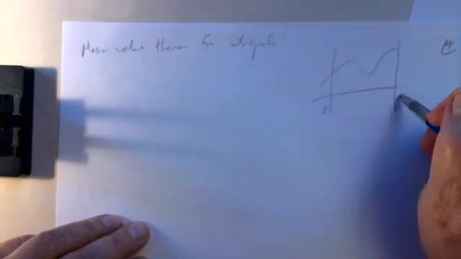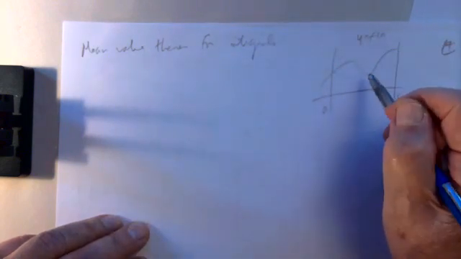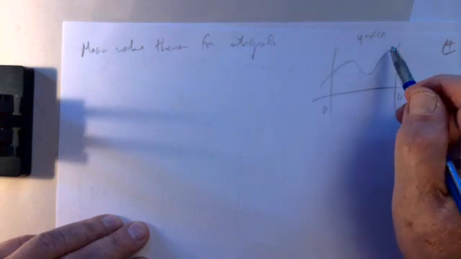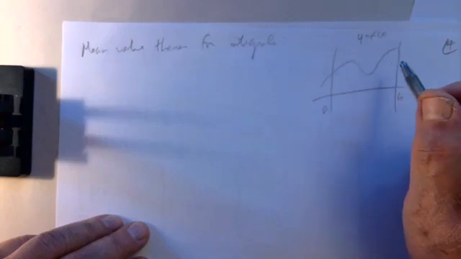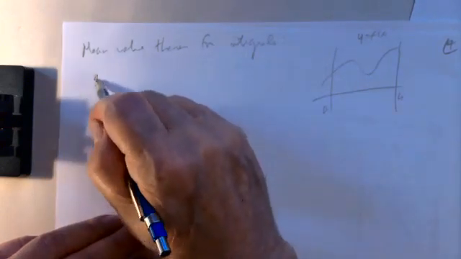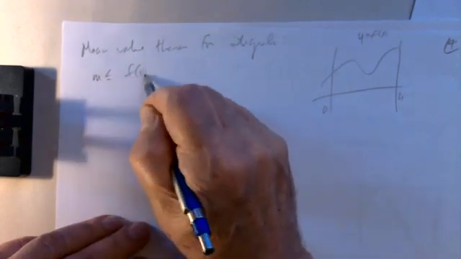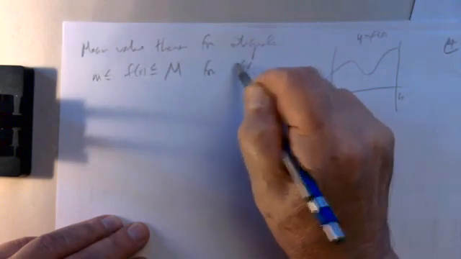Suppose from a to b, you have a function f of x, and suppose that m is less than or equal to f of x is less than or equal to capital M for x between a and b.